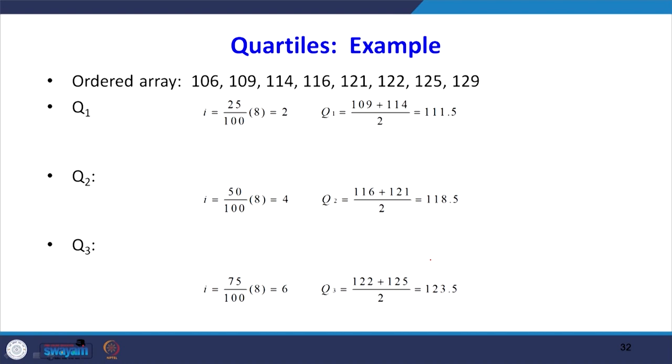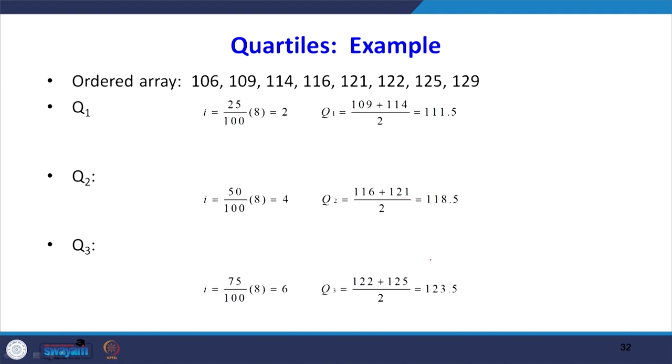Since 2 is an even number, as I explained previously, we take that position plus the next position and average them. The second value is 109, the next one is 114, divided by 2 gives 111.5. So, Q1 is 111.5.